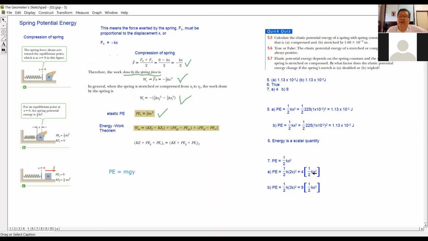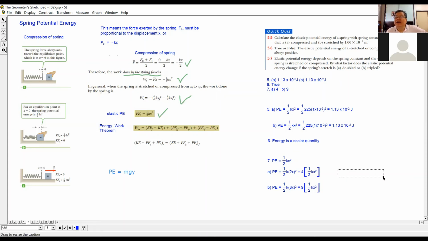So what can you say about the energy? How many times? What is the factor? Because you square the 2, it will become 4. So you will not have a factor of 2, but you will have a factor of 4.